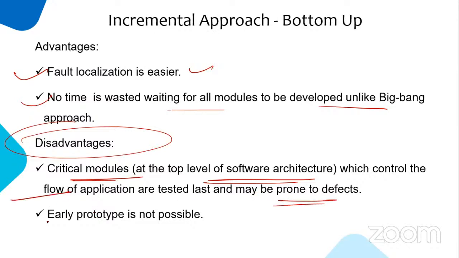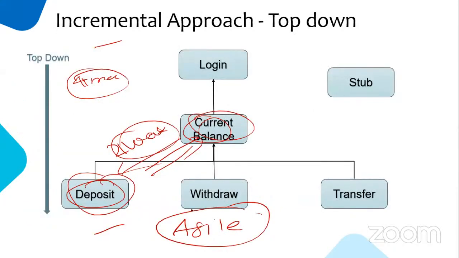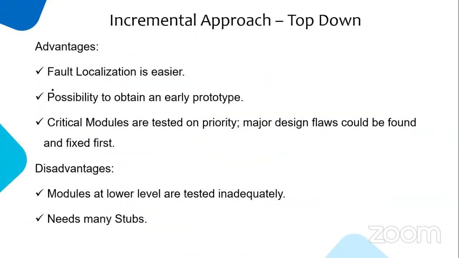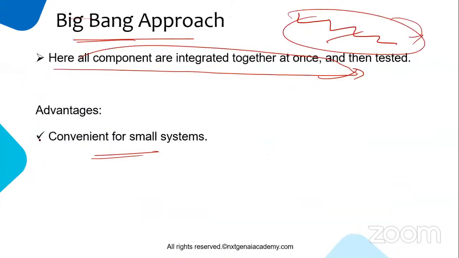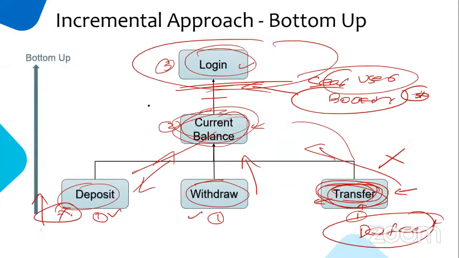That's a problem. Another problem is the early prototype, that is a working product; we will not have it in the bottom up. What does working prototype mean? End to end. In Big Bang, they will give the entire application. But here, sometimes you will not have an idea what you are doing, what you are testing, how the entire application will be developed, and even in terms of testing.